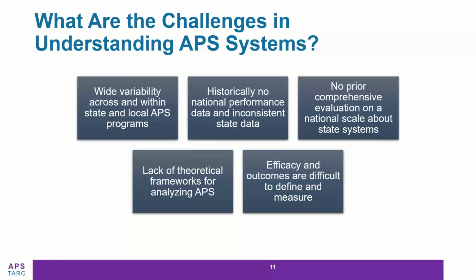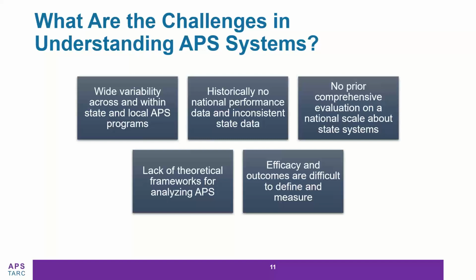When we first started this, NAMRS was in its infancy, and there was really no other data. NAPSA had done a survey back in 2012, but it didn't get at all the things that we were interested in, and it was kind of out of date. Even as we started thinking about it from an evaluation perspective, we started poking around for frameworks by which to organize and think about our evaluation.